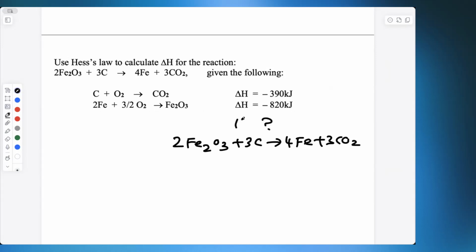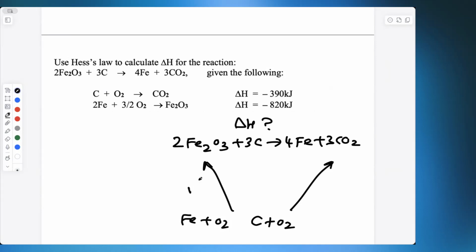I want to know the delta H of this reaction. I have two combustion reactions: the combustion of carbon to give carbon dioxide, and iron reacting with oxygen to give Fe2O3.